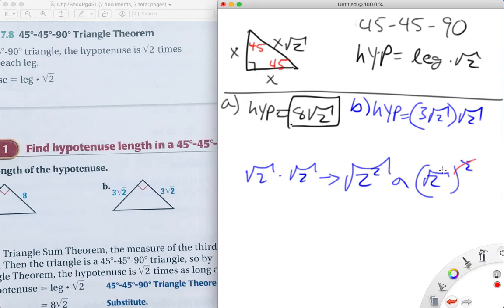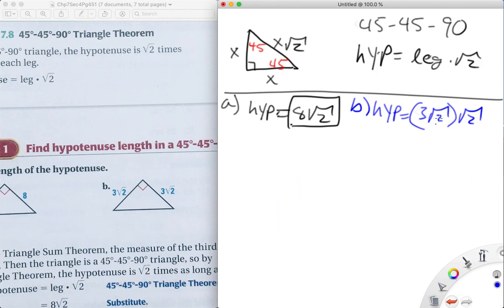So this goes away, that goes away, and you're just left with what's inside of the radical. In this case it would be 2. So when I multiply 3 root 2 times root 2, it's the same thing as saying 3 times 2, which is going to be equal to 6.